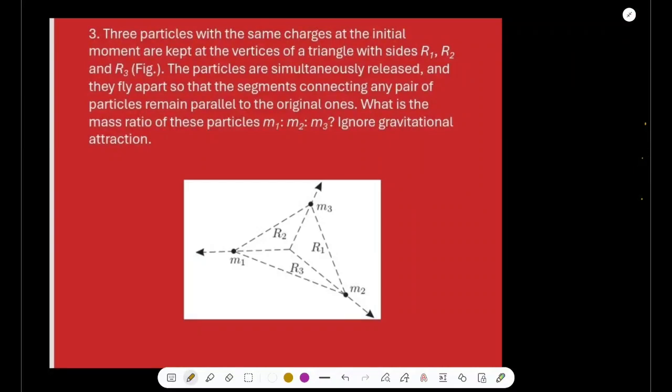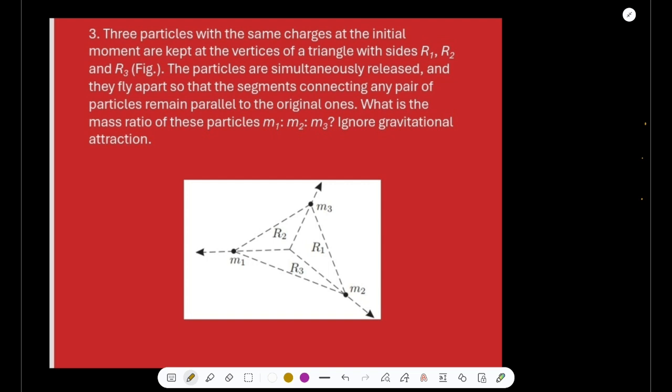Well, we have a new problem again, part of the homework for class 12 students. The problem is: three particles with the same charges, at the initial moment, are kept at the vertices of a triangle with sides r1, r2 and r3.